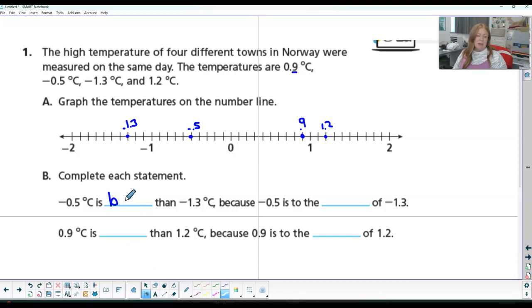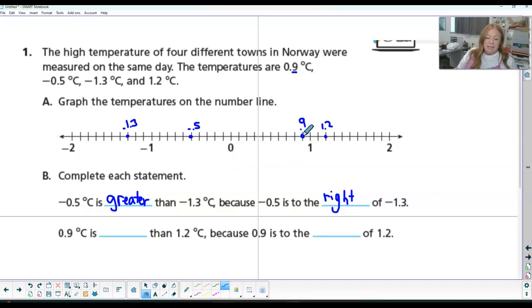I feel like that's a better math word. So it is greater than -1.3. How did we know that? Because -5/10 was to the right of -1.3. Whichever one's on the right ends up being bigger or greater.